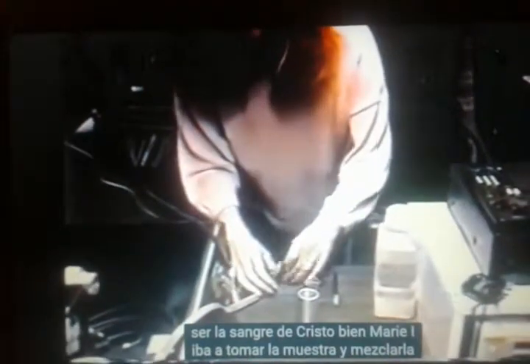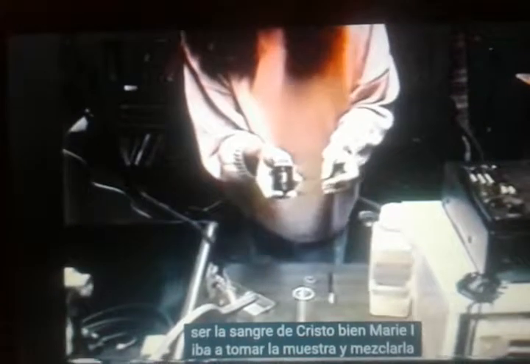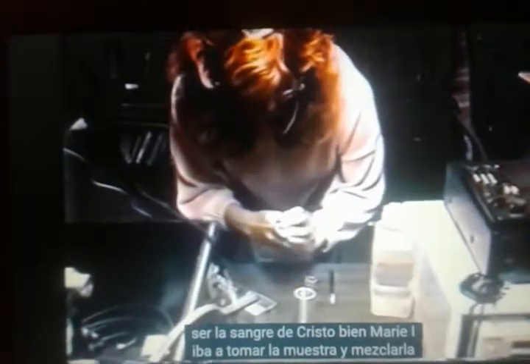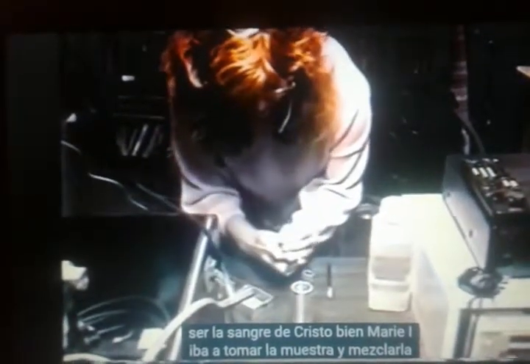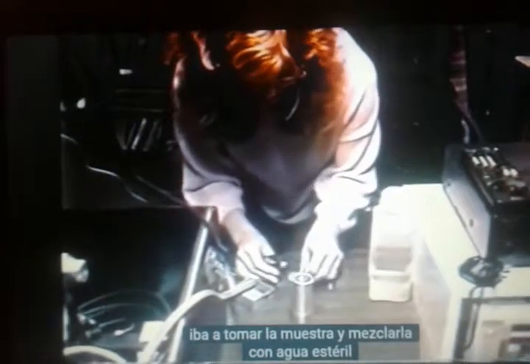Okay, Mary Nell's going to take the sample and mix it with sterile water. And a test tube there, that'll be enough.